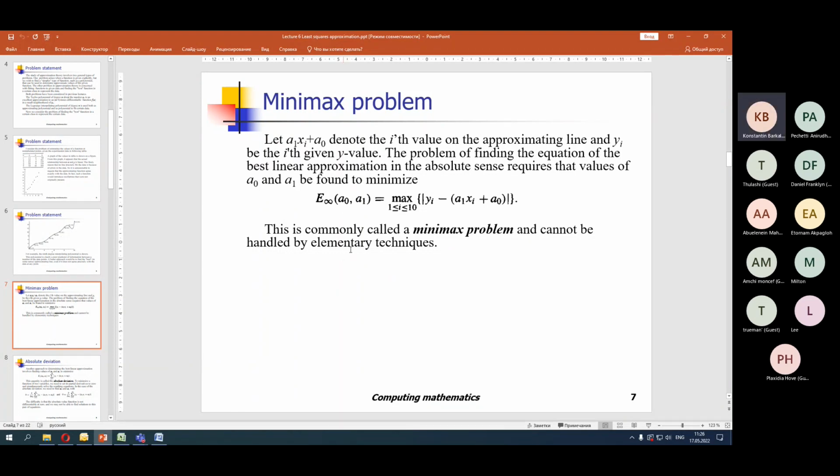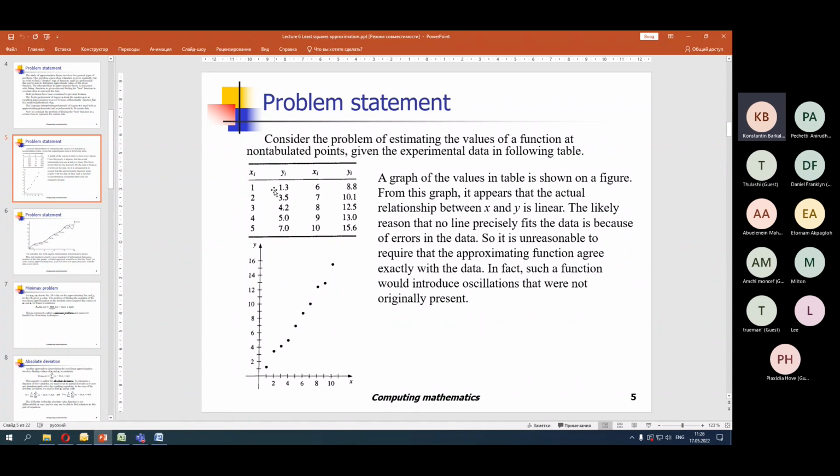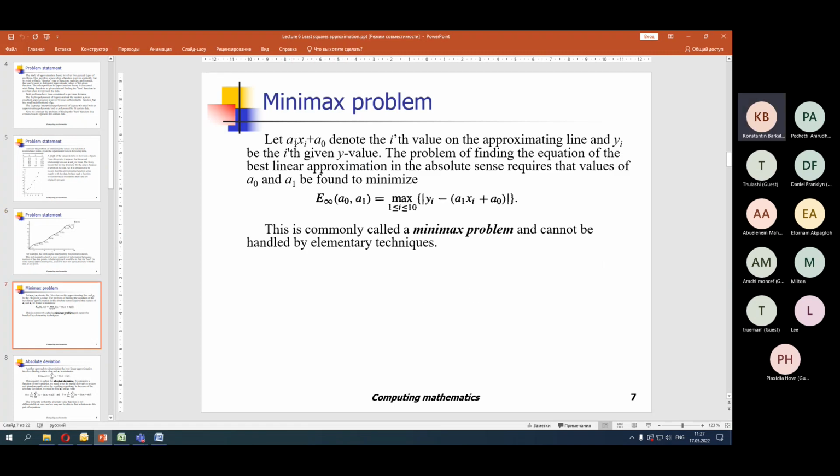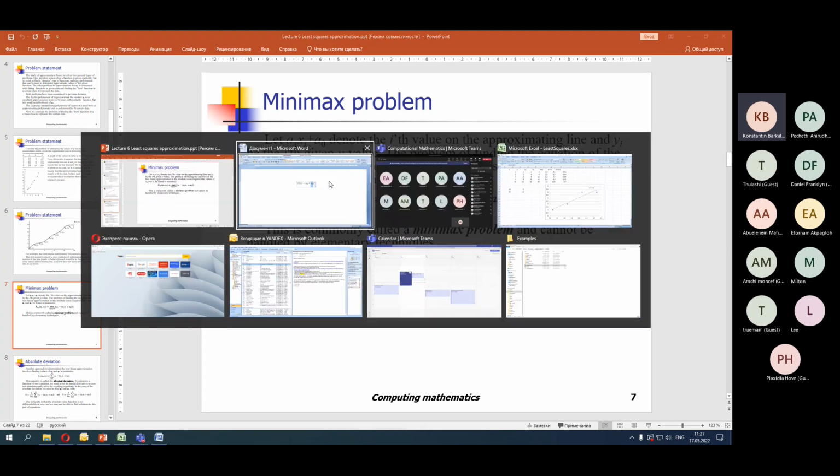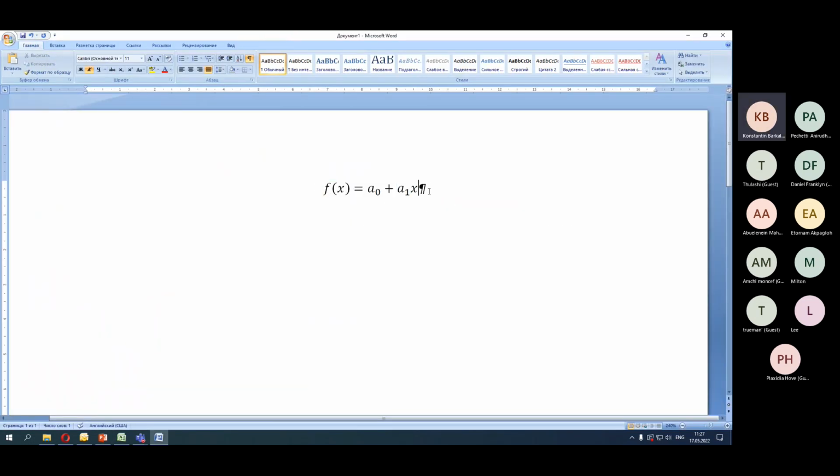Well, the initial information for this method is a table of the values x and y. We know the points x, we know the values y. And we can compute the value of the line at this point. Not compute, but we can write it, because of course we don't know the equation of the line, since we don't know the coefficients. But I can write something like this.